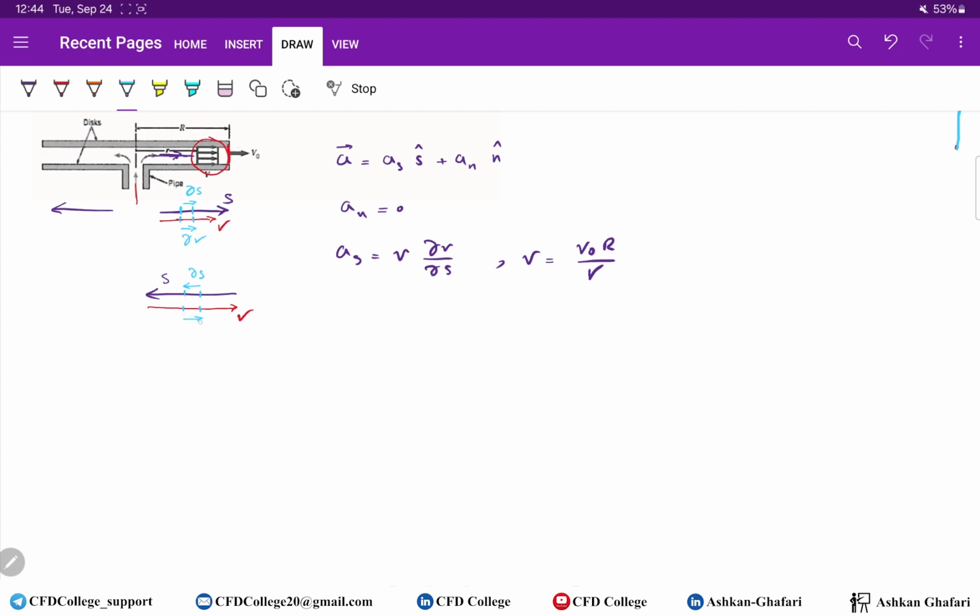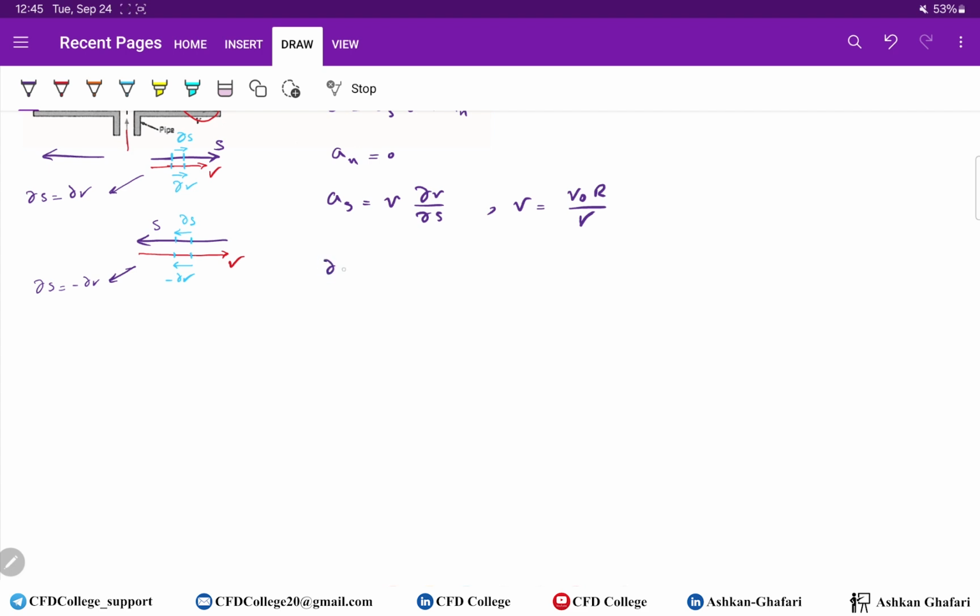So this is minus delta R, because I'm moving in the opposite direction with respect to R. So in this problem that we are solving now, delta S equals delta R, while in the next problem, delta S equals minus delta R. So you need to think about whether streamline and R coordinates are in the same direction or in opposite direction.